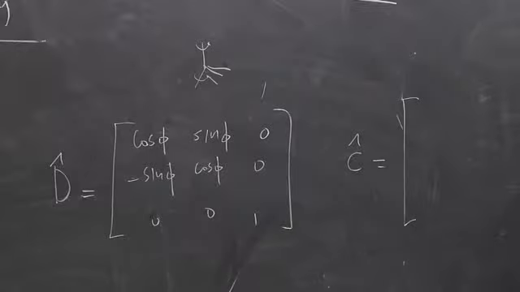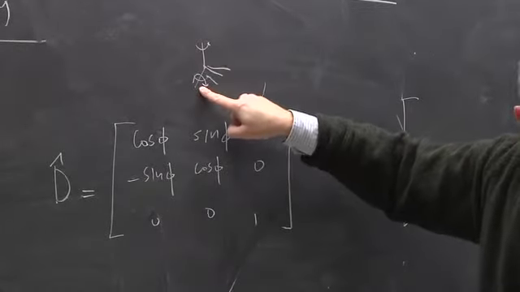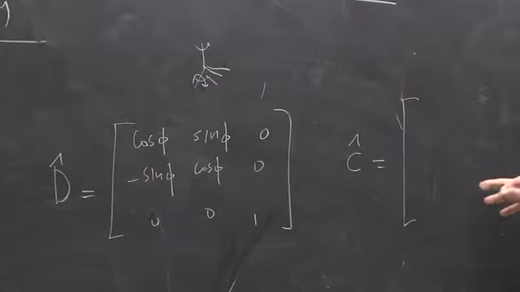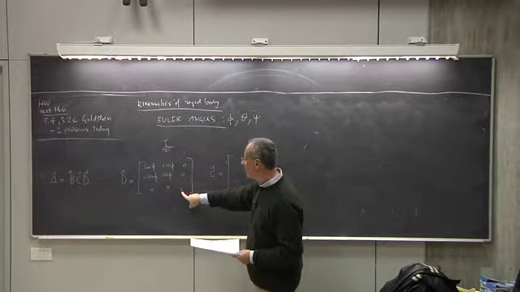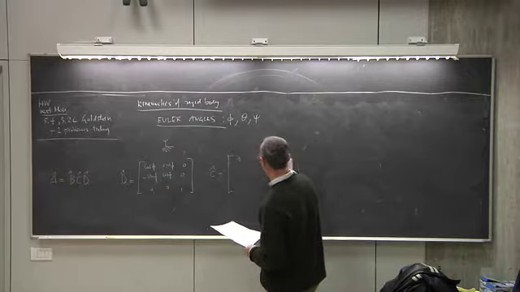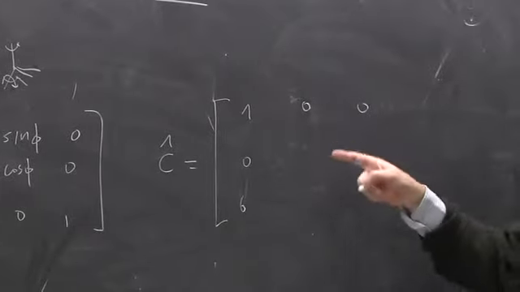Remember, the matrix C was the one in which I rotated about this axis, right? And that is the x-axis. So this is a rotation about the x-axis. So you see, the axis that remains the same is the 1, 0, 0. So now it's 1, 0, 0, 0, 0, and the cosine and sine things are in here.